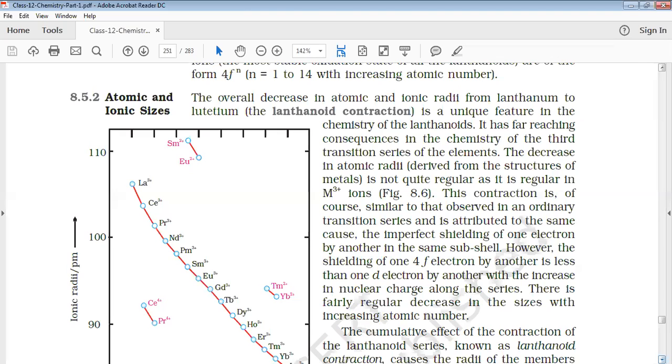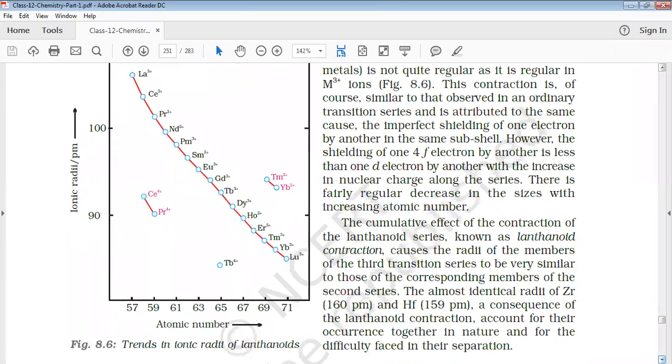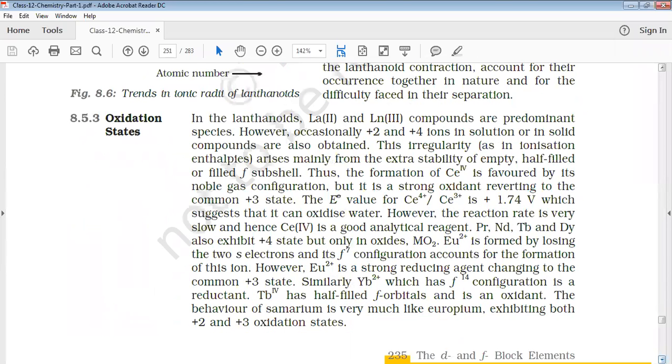So atomic size keeps decreasing as you move down the series. The common oxidation state is +2 to +4 because of the greater shielding effect. Shielding effect ತುಂಬಾ ಜಾಸ್ತಿ ಇರೋದ್ರಿಂದ outermost electron ನೀವು ಟಚ್ ಮಾಡಕ್ ತುಂಬಾ ಕಷ್ಟ. You can't remove the outermost electron easily. That's why the maximum oxidation state attained is +4.